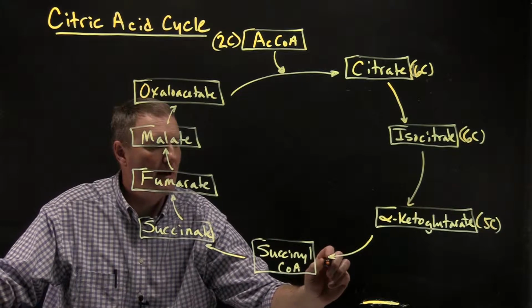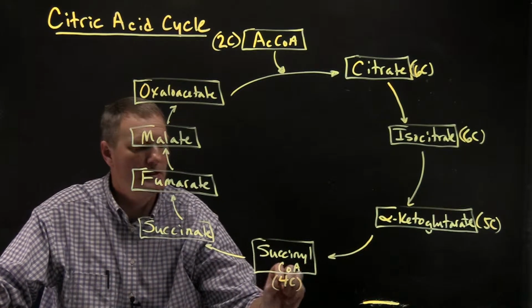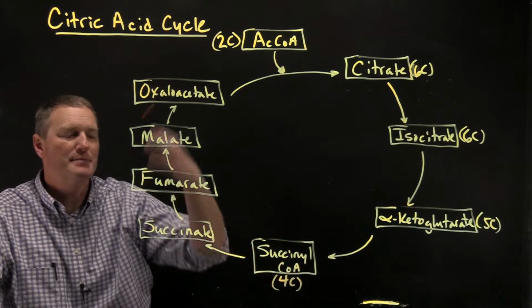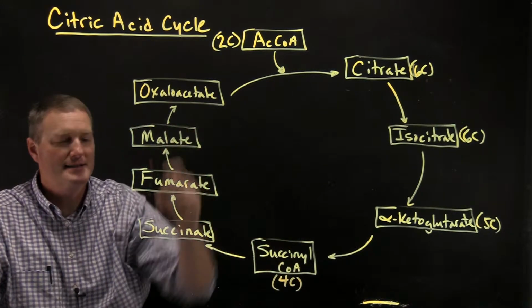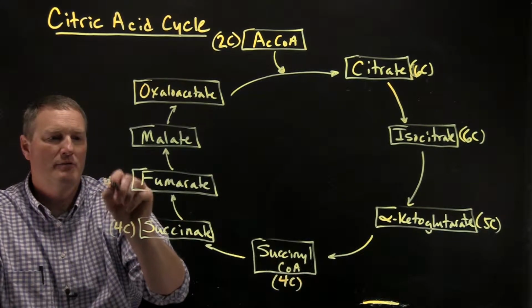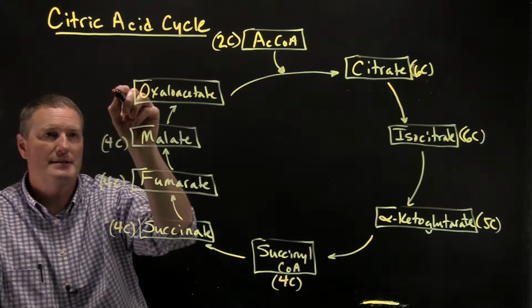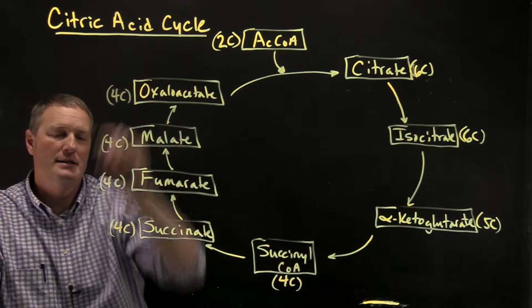Succinyl-CoA is going to have 4 carbons, so that's 4C. And then the remainder of this pathway is going to basically regenerate oxaloacetate. So this is 4 Cs, 4 Cs, and 4 Cs here. And oxaloacetate has 4 Cs.